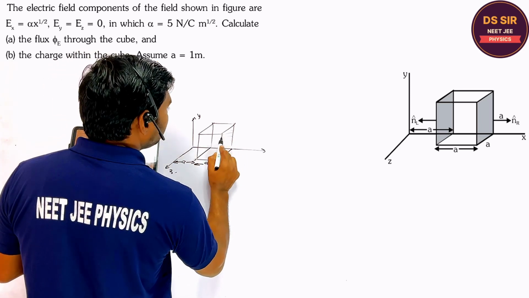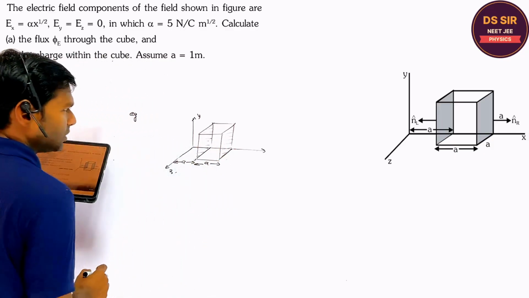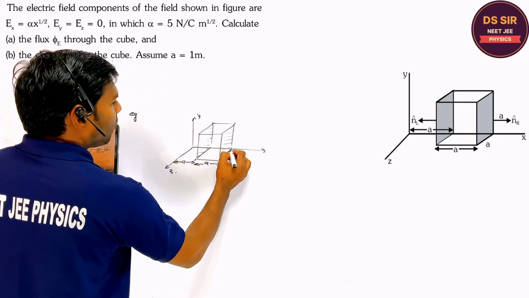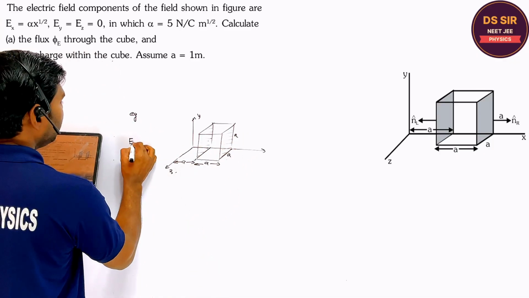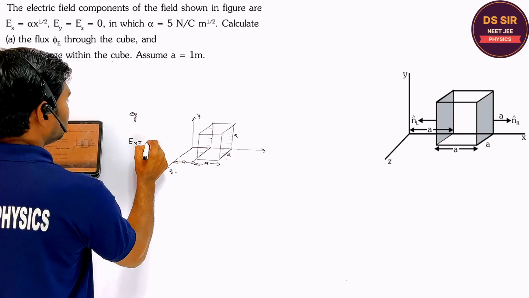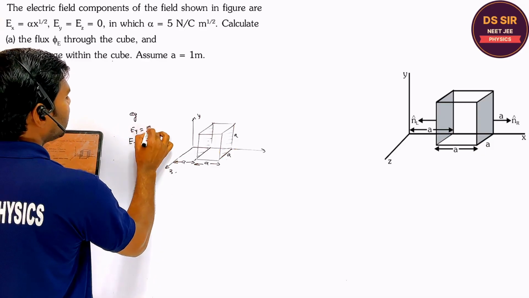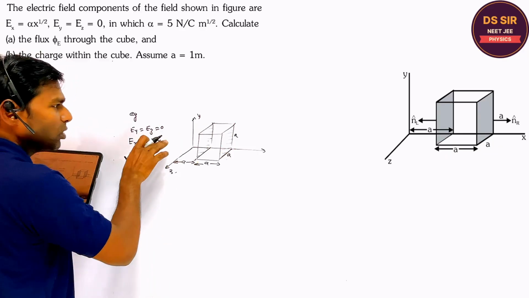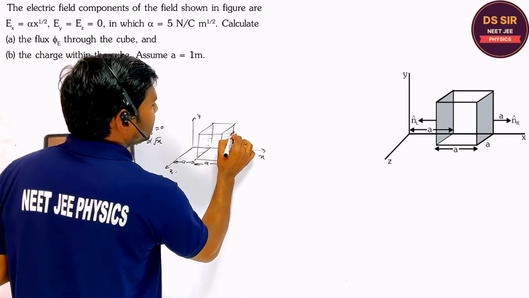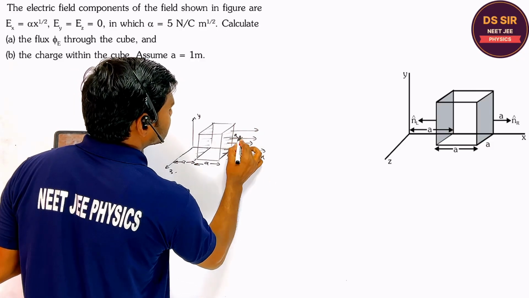So one surface is this, another surface is this, and the area is A. The electric field is given only in the x direction, alpha root x, and the y direction and z direction electric field is 0. So the electric field is only present in the x direction.